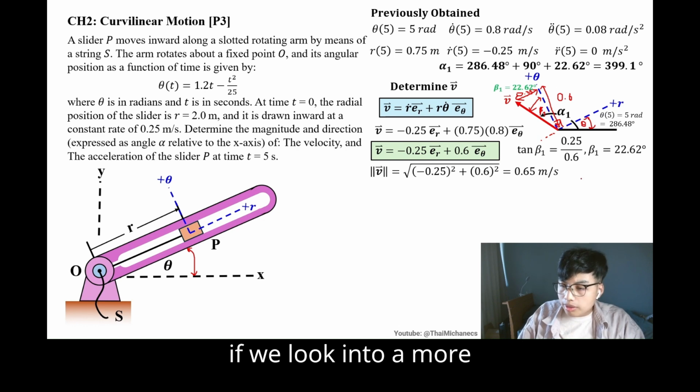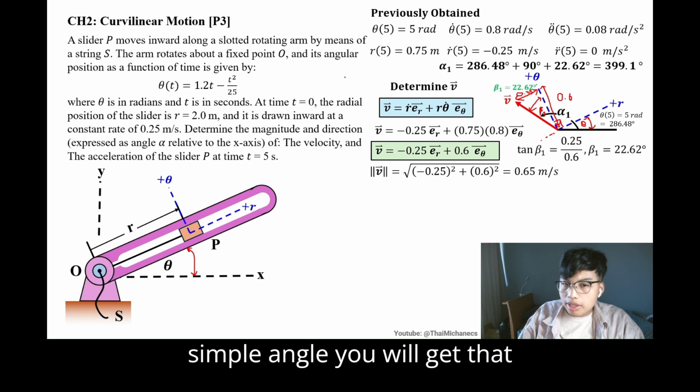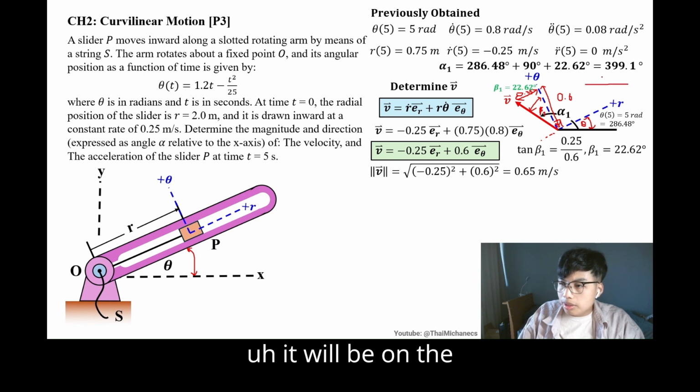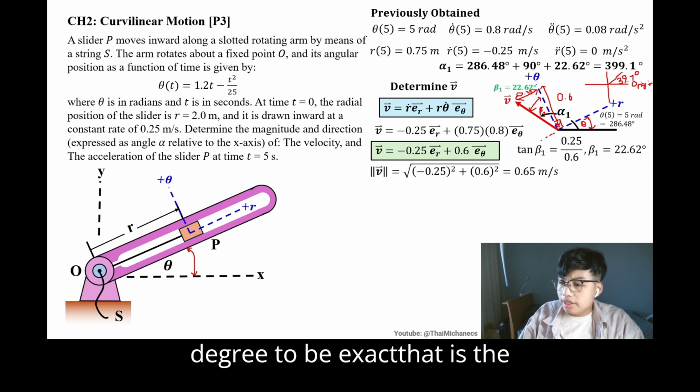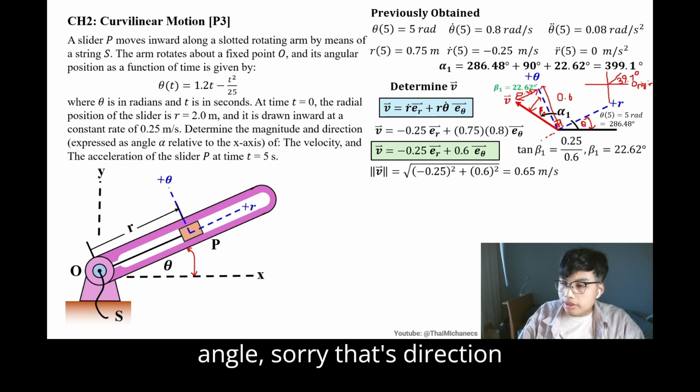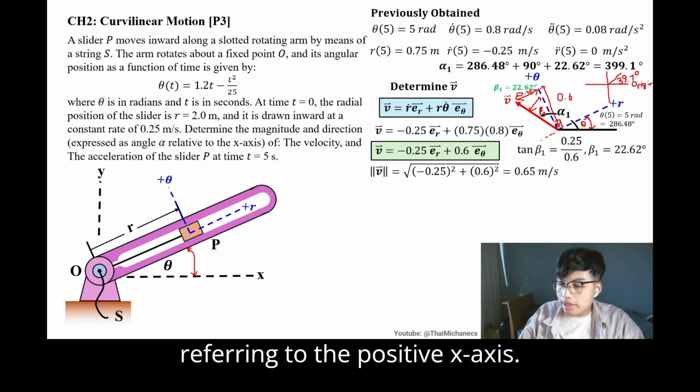If we look for a simpler angle, it will be in quadrant number 1, because 360 starts at the origin again. So 399 minus 360, you get 39.1 degrees to be exact. That is the direction referring to the positive x-axis.